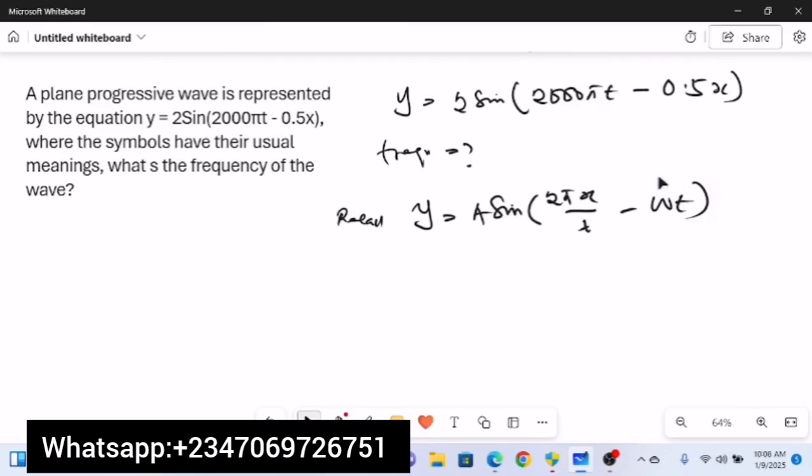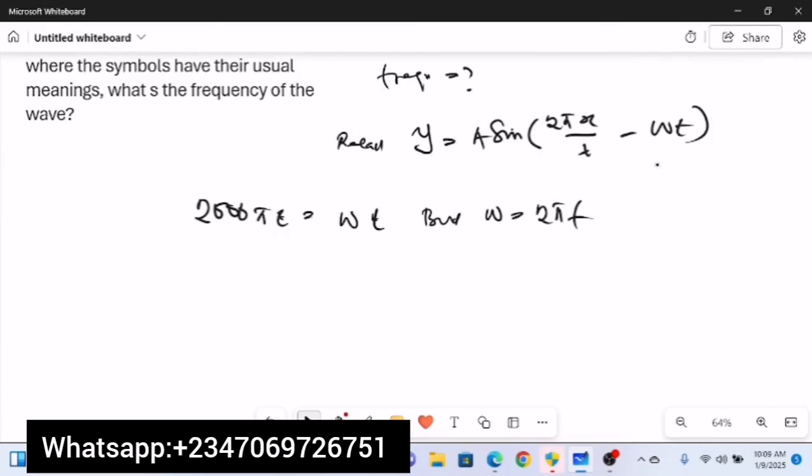Upon comparison, 2000 pi t is equal to omega t, but you recall that omega itself is 2 pi f. So if you put that into the equation, 2000 pi t is equal to 2 pi f t.